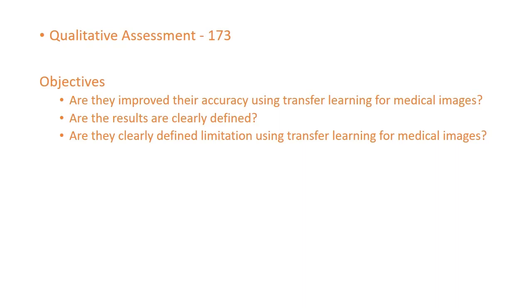Then again you can qualitatively assess those downloaded papers, 173 papers. If these 3 or 4 objectives are met, then you can select those papers only. Okay, so that is the way to do the systematic literature review up to qualitative assessment.